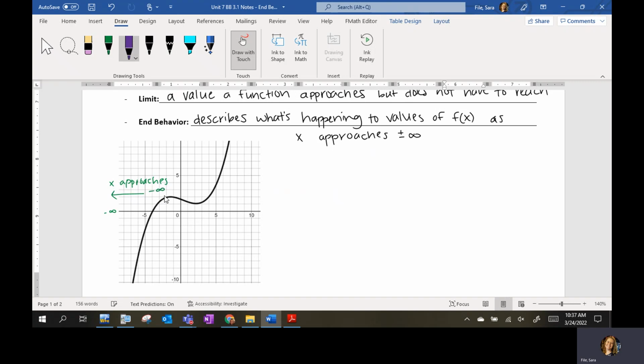What's f of x doing? For f of x, that would be infinity, and this would be negative infinity, right? It would be positive infinity for x. So as we look to the left, what's happening to this graph? What are the f of x values going to? To negative infinity. They're going down.